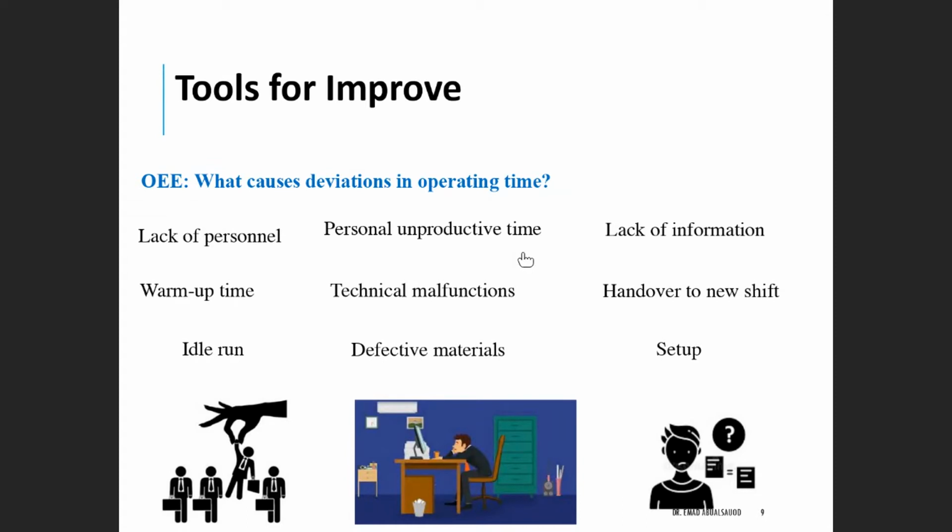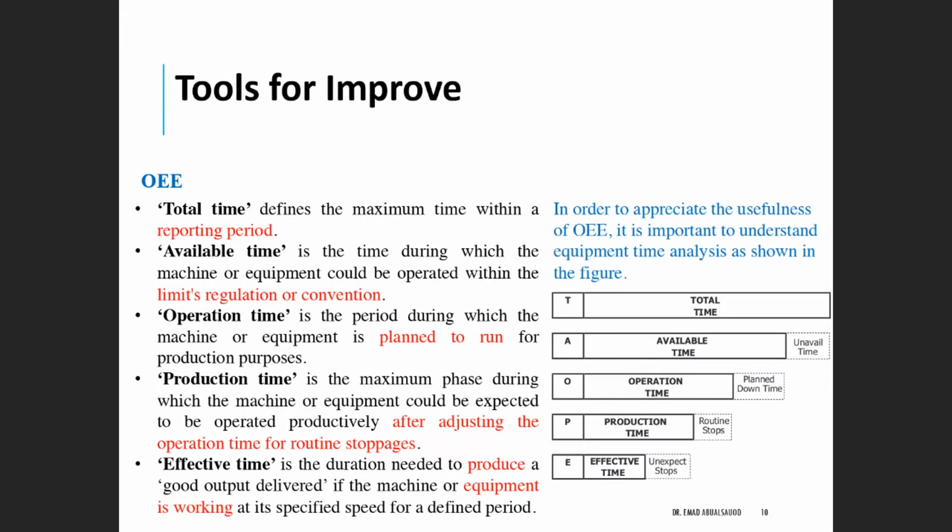Now we will identify and clarify the different times we have in the OEE tool. In the OEE tool, you have to identify and distinguish between the different times in terms of the operation.